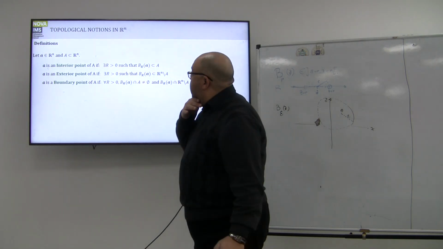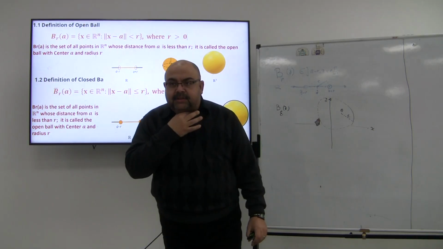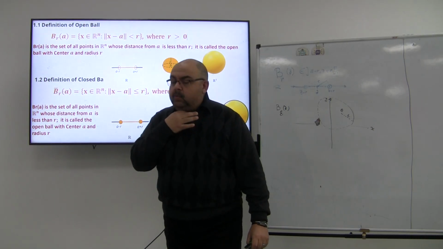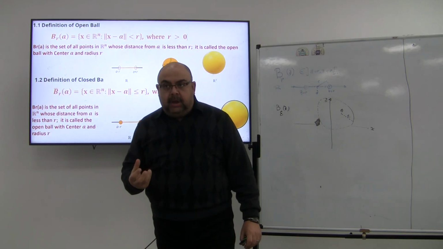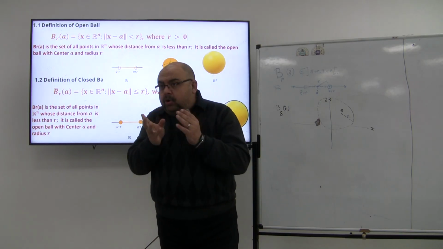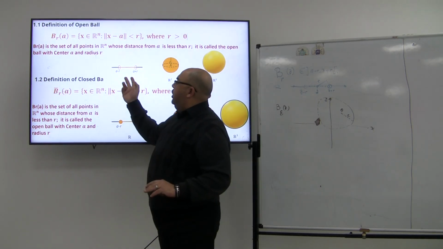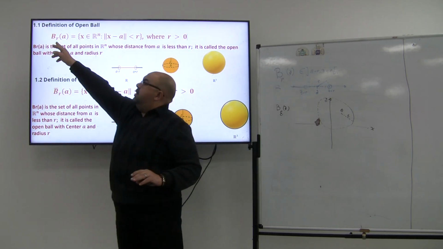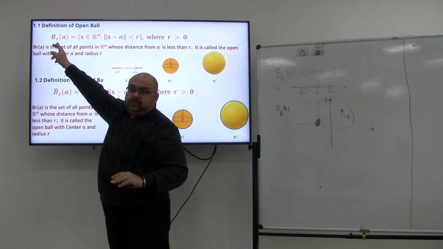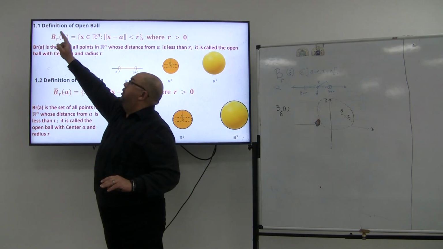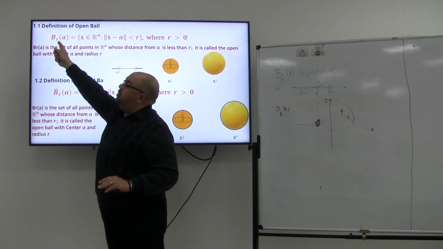Because Mr. Adham just arrived, I want to repeat this definition once more. We already defined what an open ball is, but quickly, an open ball represents a neighborhood of a certain point. So in one dimension, the symbol B(a, r) is the open ball with center a and radius r.